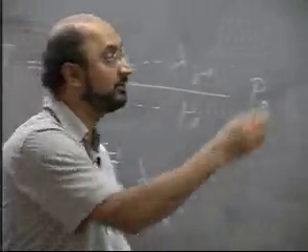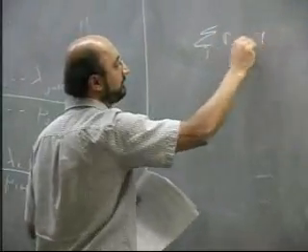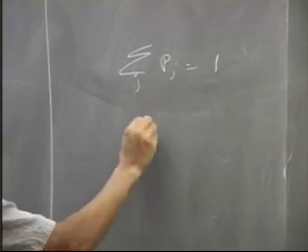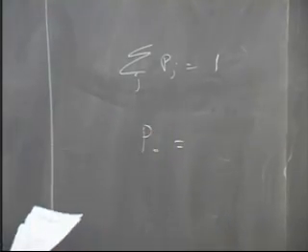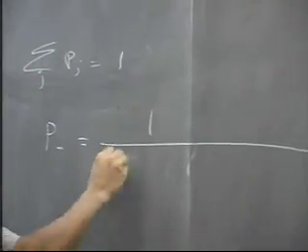And how do I find P0? This is where I have to invoke the fact that the sum over j of Pj equals 1. If that is true, then it must be the case that P0 equals 1 over 1 plus the sum, j equals 1 to infinity, of the product, i equals 0 to j minus 1, of lambda i by mu i plus 1.